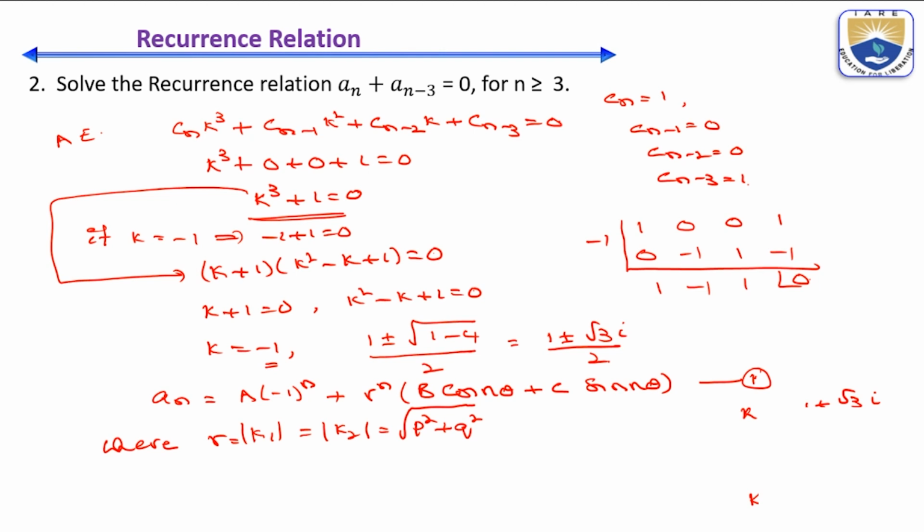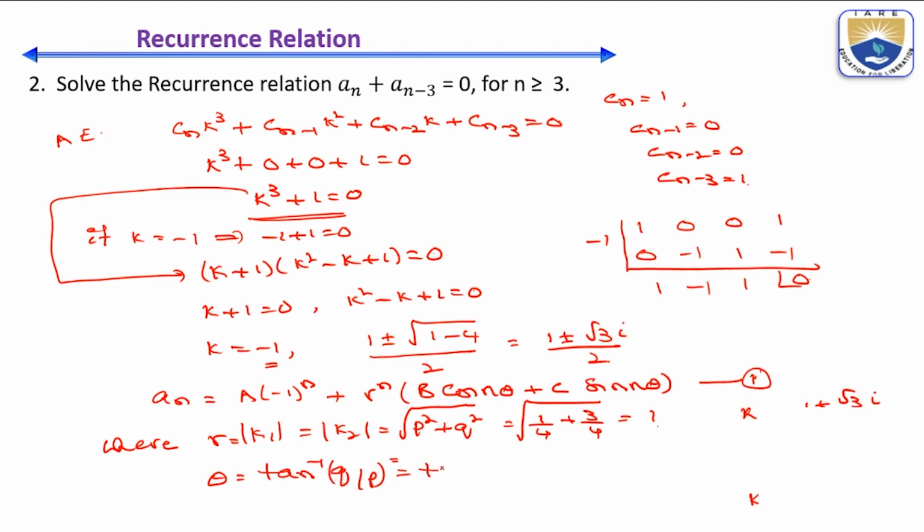So p plus iq, p minus iq, which is nothing but the square root of p square plus q square, which is 1 by 4 plus 3 by 4 under square root. So it is nothing but 1. I am going to get r is equal to 1. And theta is equal to tan inverse q by p.